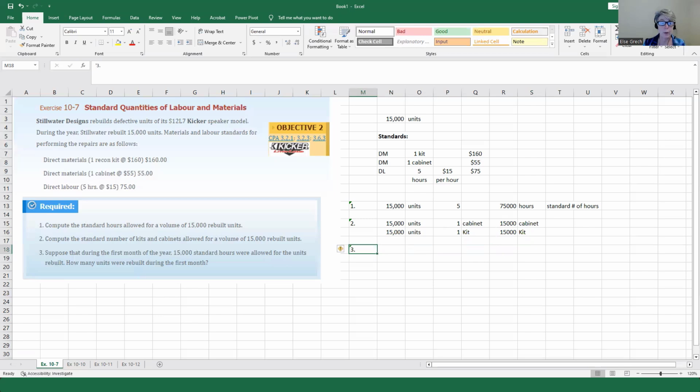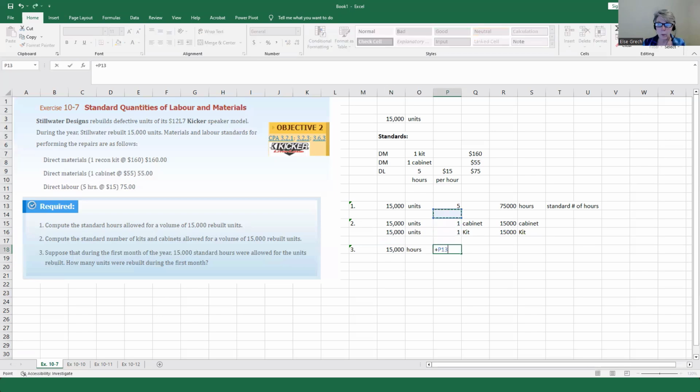So then 3 says, suppose that during the first month of the year, 15,000 standard hours were allowed for the units rebuilt. How many units were rebuilt during that first month? They just happened to choose 15,000 hours. So 15,000 hours were allowed. And they're saying, okay, how many kits would you be able to rebuild if you had 15,000 labor hours?